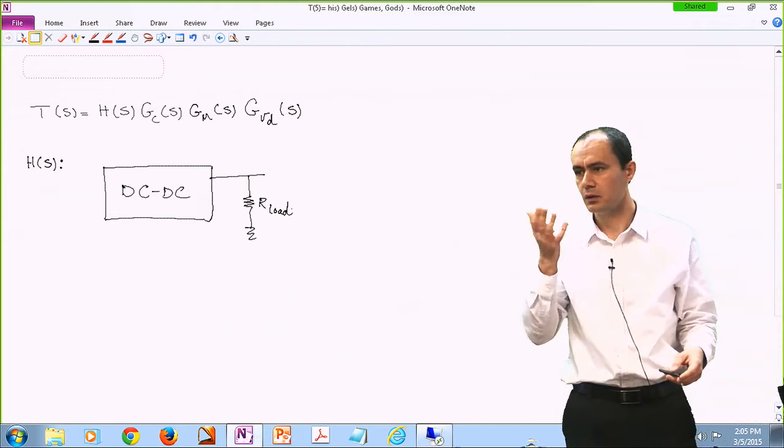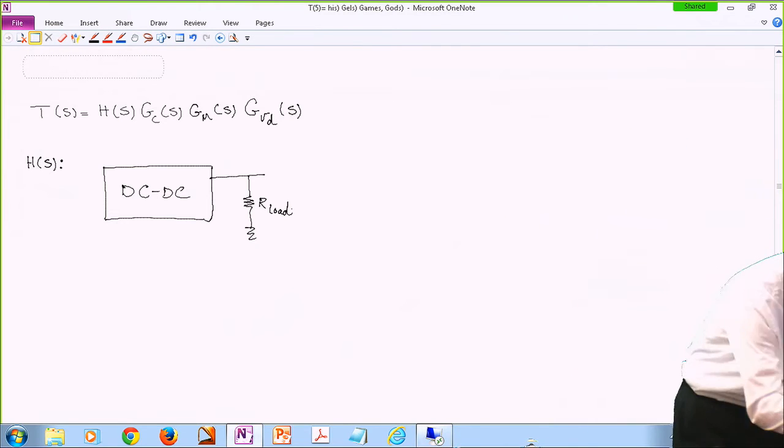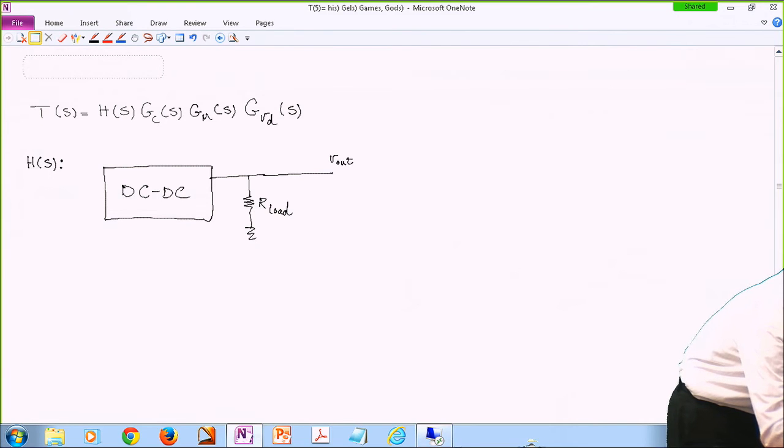Obviously, we have a load. For instance, here it's a resistive load. The easiest way of measuring the output voltage is just using resistors, using a resistive divider.